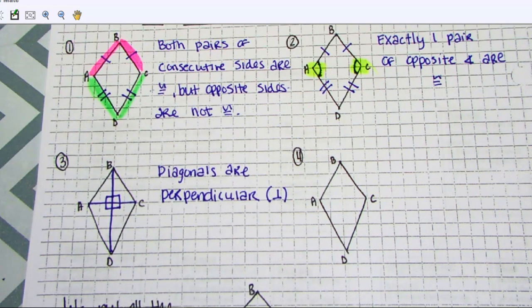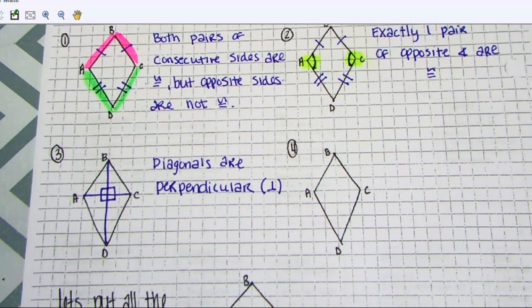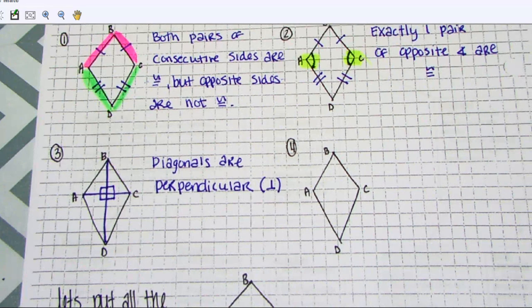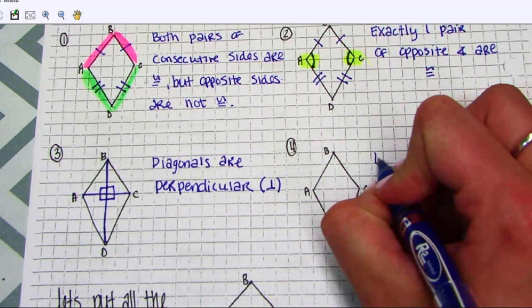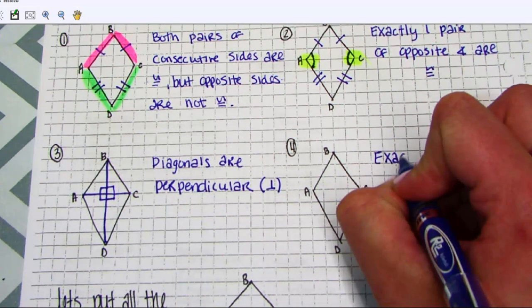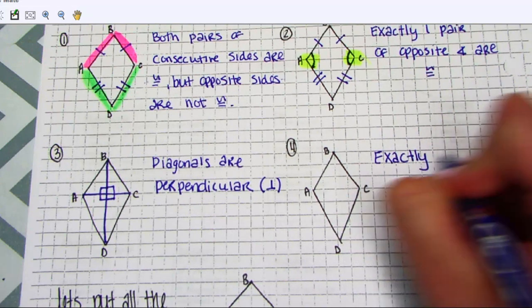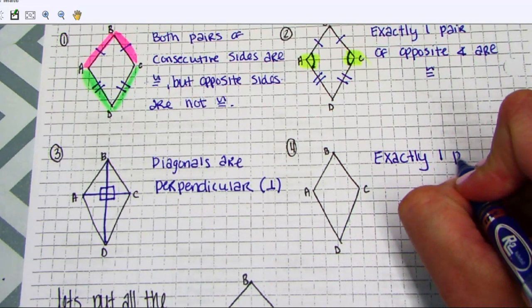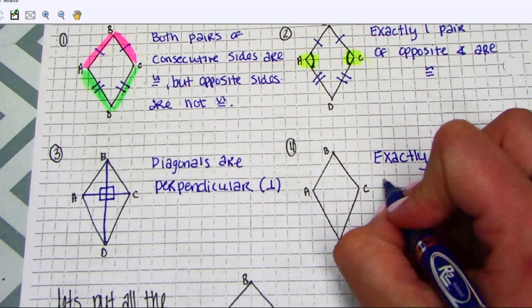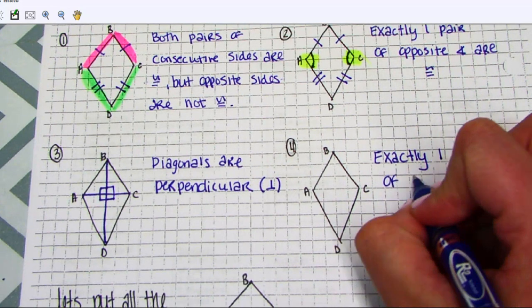And last is about the angles B and D. Those will be bisected. So the last piece is exactly 1 pair of angles are bisected.